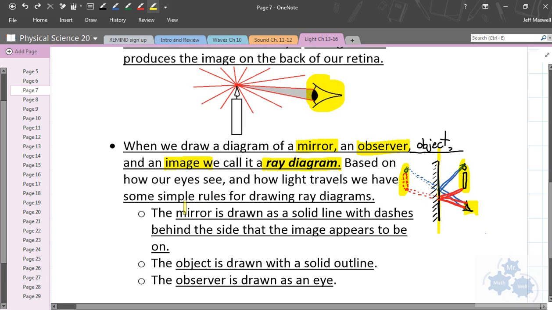Unpack it a bit. So when we're drawing a ray diagram, the mirror is drawn with a solid line and little dashes like you see here behind the side of where the image appears. So on the back side of the mirror is where these little hashed lines are going to go. So behind the mirror, on the same side that the image appears to be on.